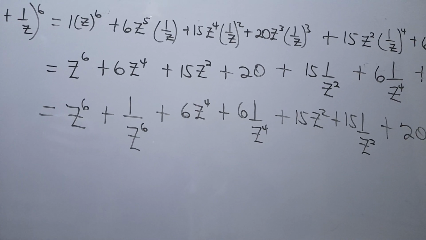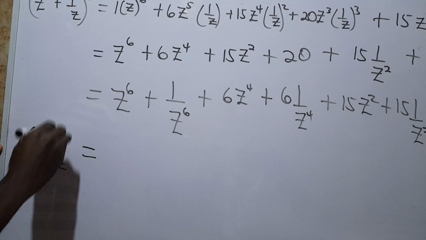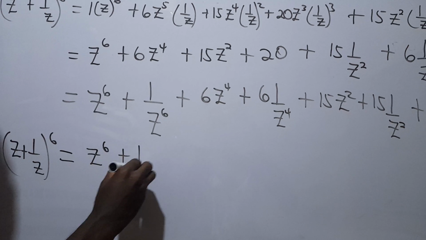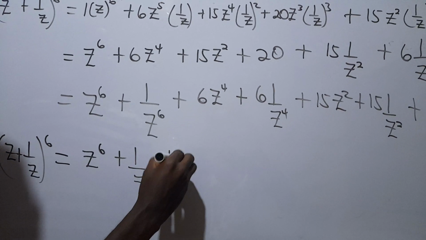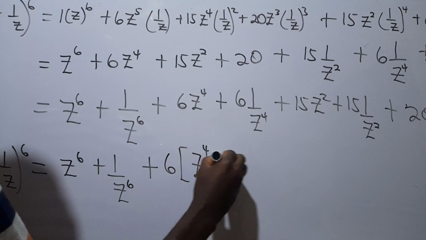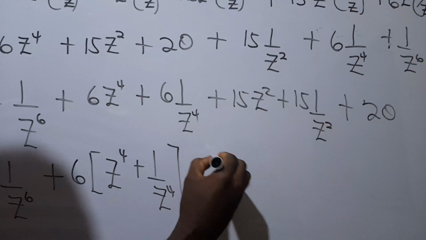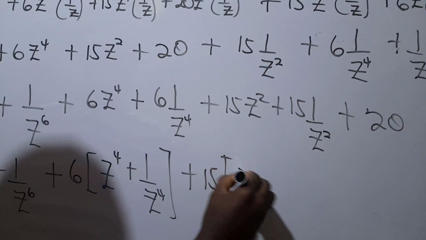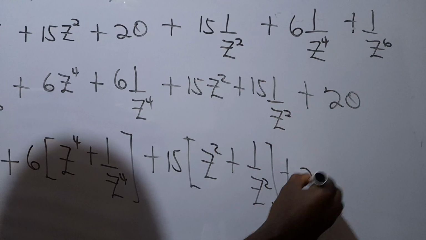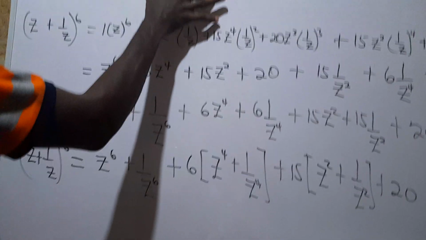Now, we can say this (z plus 1 over z) exponent 6 using Pascal triangle will be z exponent 6 plus 1 over z exponent 6. Then plus 6 is common here. We can bring it out. We have z exponent 4 plus 1 over z exponent 4 in bracket. Then 15 is also common. So 15 out here, z square plus 1 over z square. Then plus our 20. So since we identified that the expansion of this is this, we substitute this in place of that. Then we'll continue.